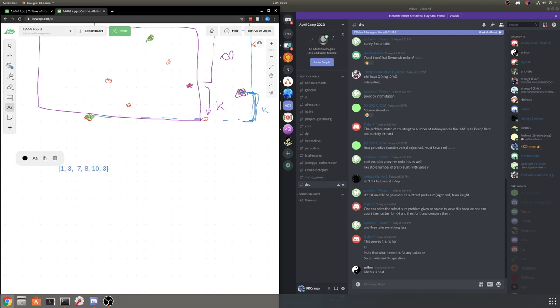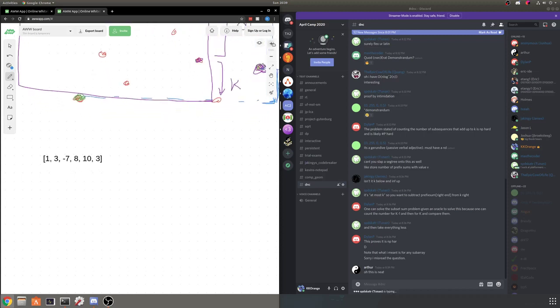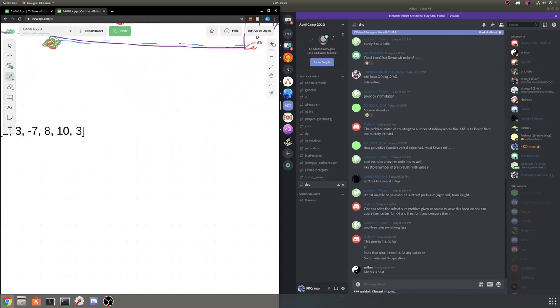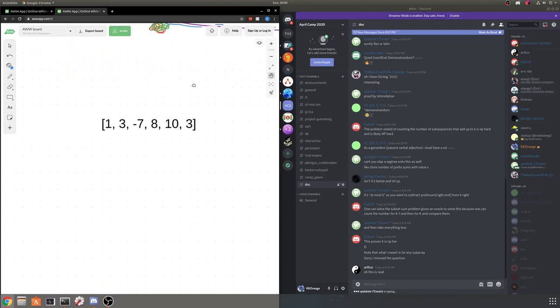So again, like in the previous idea we had, we're going to split this array in half, and we're going to say, okay, I'm going to count all of the subarrays that have a sum at most k, where the left end is somewhere on this side and the right end is somewhere on this side.